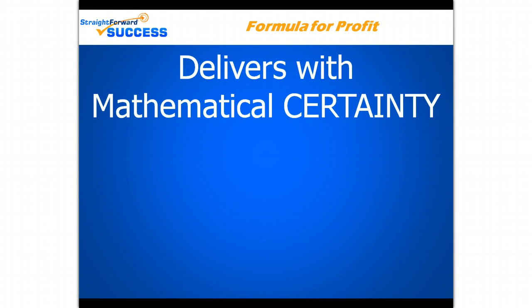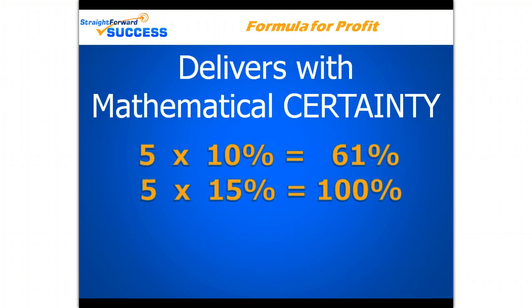It's not an if, or a perhaps it might happen. It will happen. When you increase those 5 areas by 10%, your bottom line profit will go up by 61%. All you need to do in order to double your profit is to increase those 5 areas by 15% rather than by 10%.